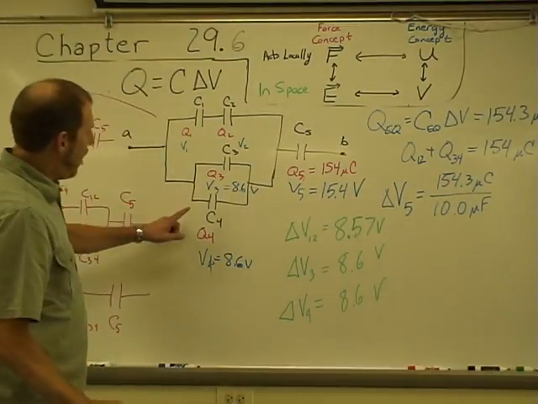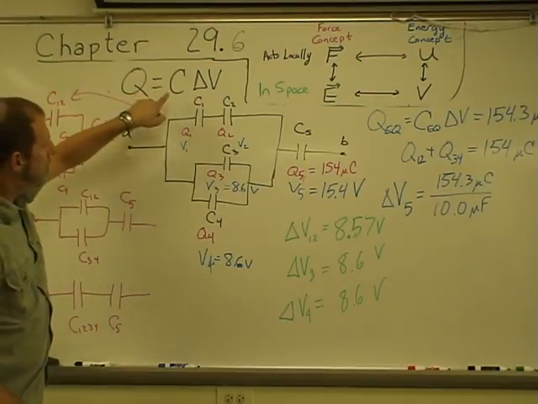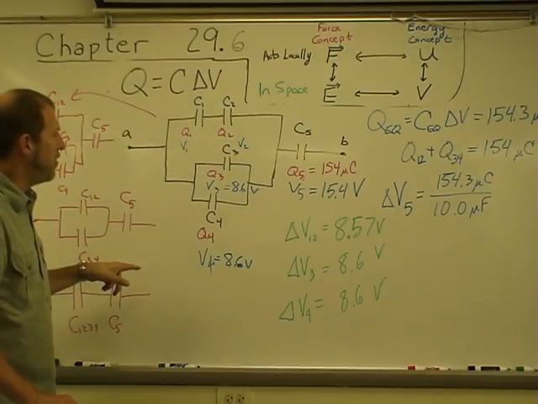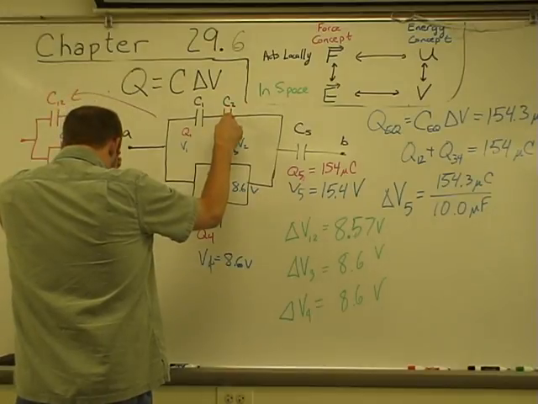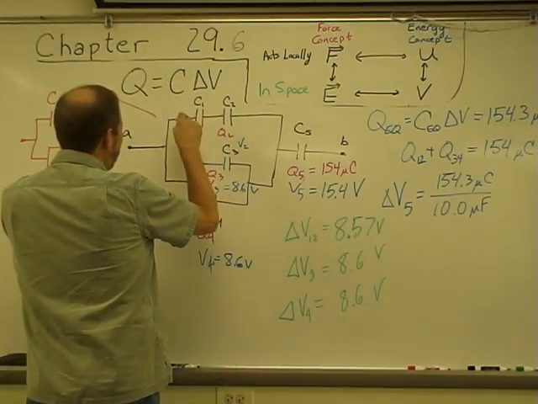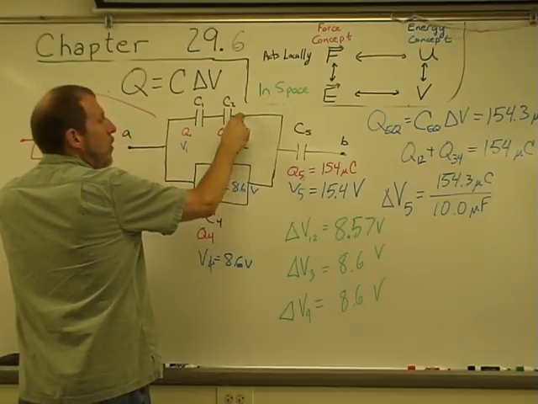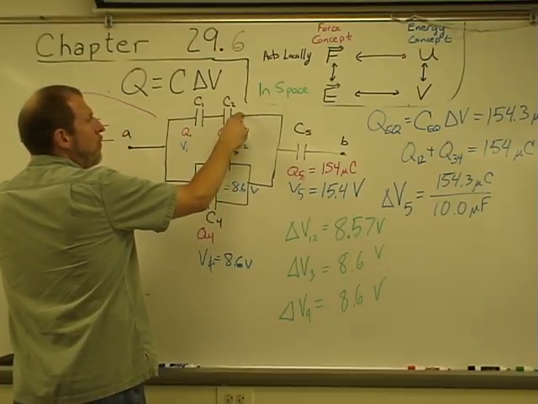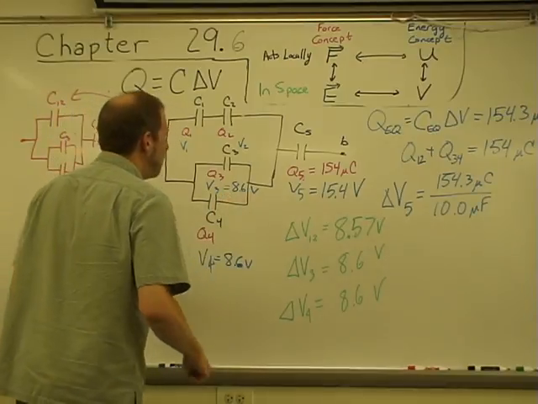And I can find then from this equation the charge on each one of those capacitors. Let's see if I remember correctly. 3, 6, 4 and 12, I believe. I hope so.